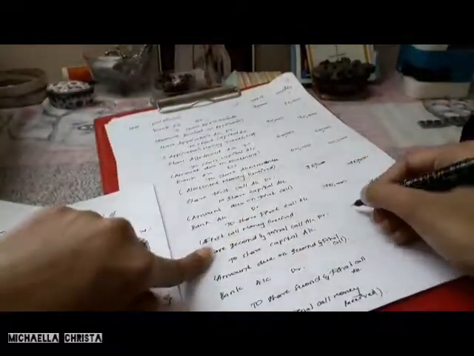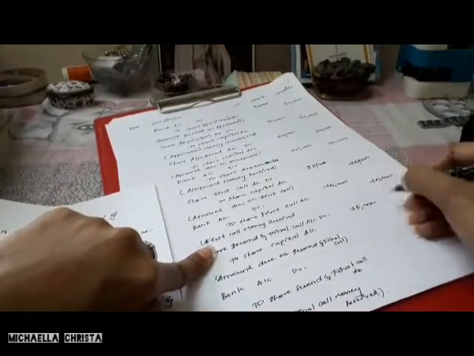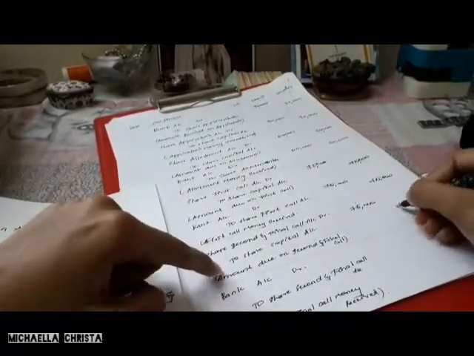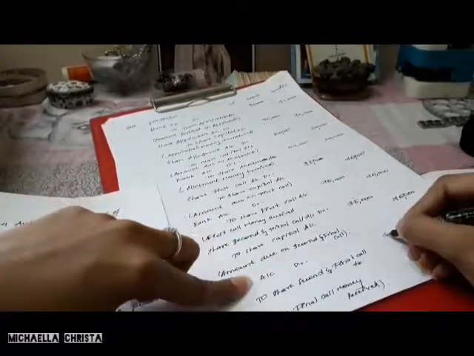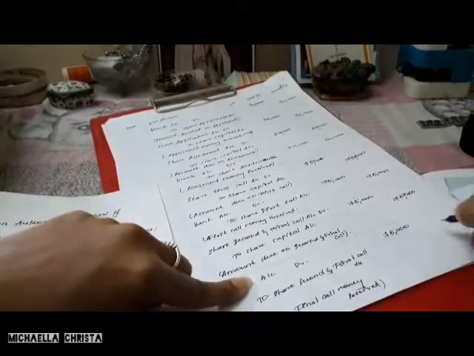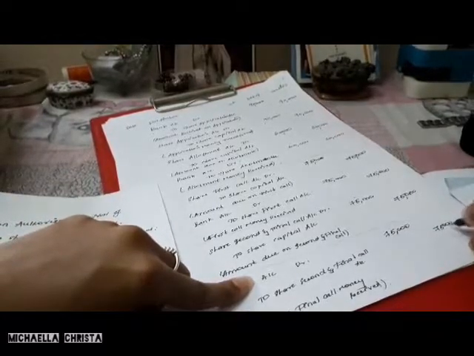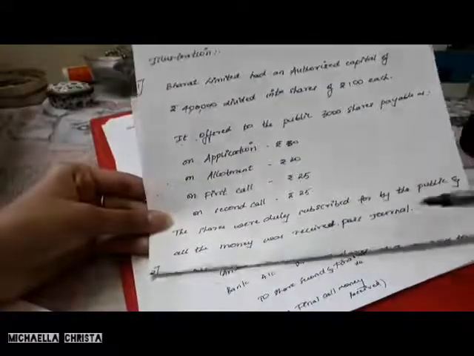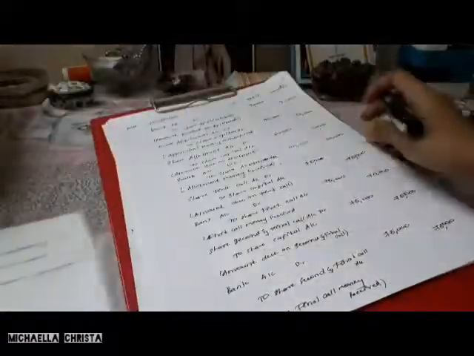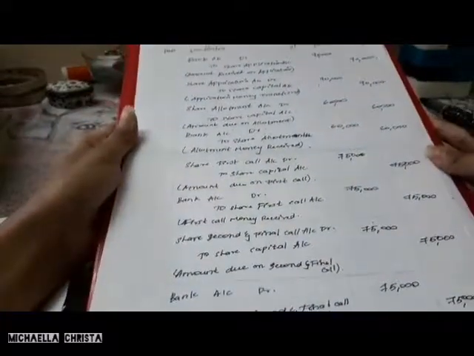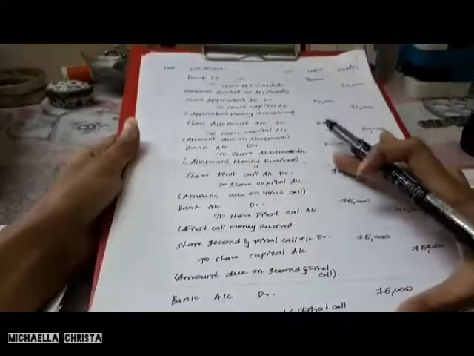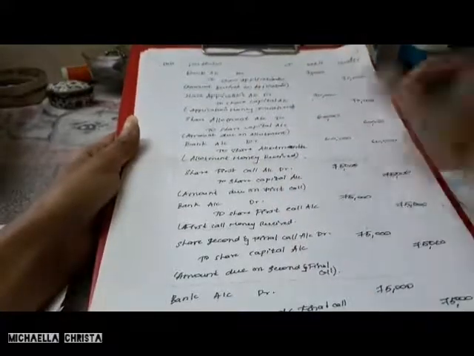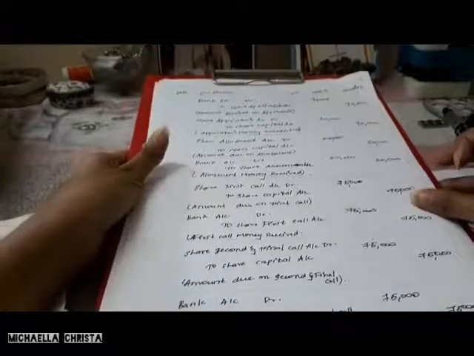The shareholders are supposed to pay 75,000 for the second and final call, and they did pay 75,000. And that's it. So we were asked to pass the journal, and this is the journal. It's easy, right? Just know the format, how these journals are formed, and enter the amount.